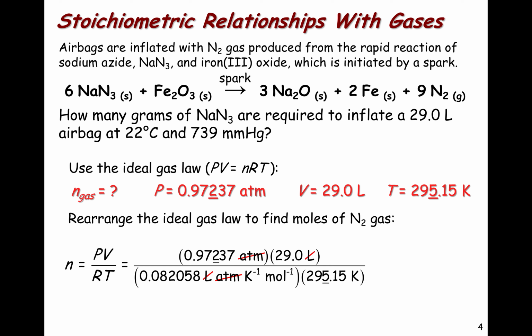We also note that the liters will cancel, and the Kelvins will cancel, and then finally we are left with units of moles, and we plug all the values into our calculator, and we come up with 1.164 moles, which has 3 significant digits.